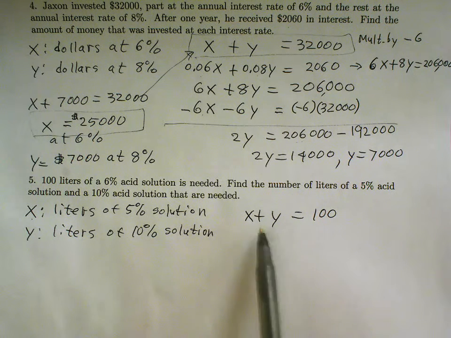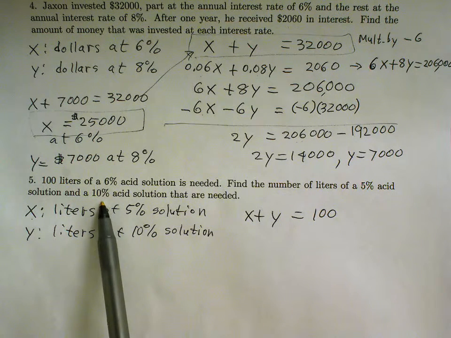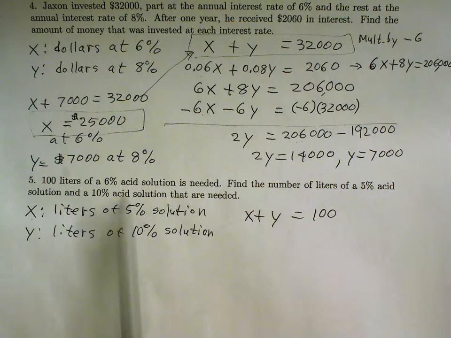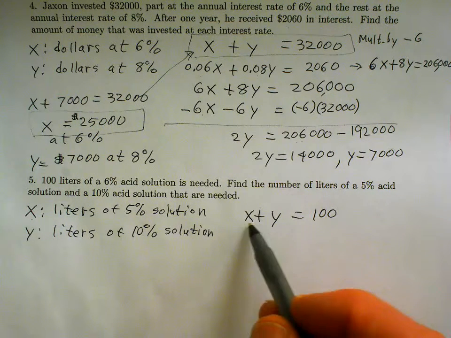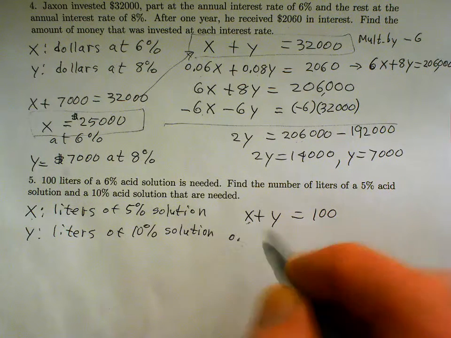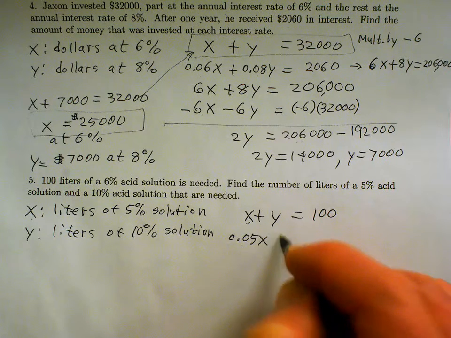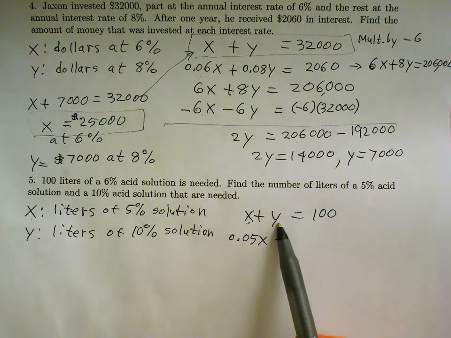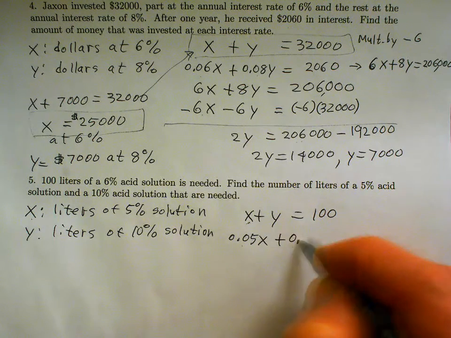And the mixture has to be 6%. So in the second equation, we multiply x by 0.05 times x, and multiply y by 0.10.